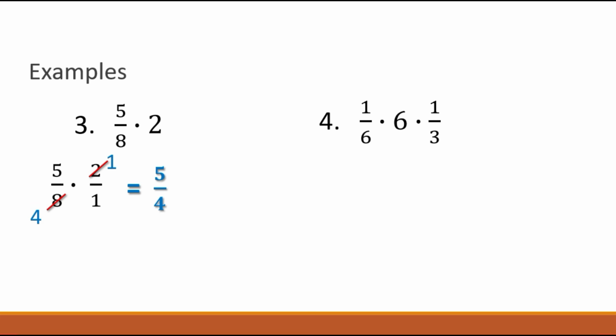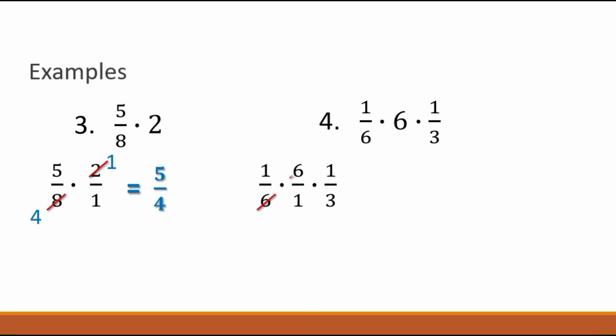Now let's have example number 4. We have 1 over 6 times 6 times 1/3. So 6 has a denominator 1. So we have 1 over 6 times 6 over 1 times 1/3. Look at these numbers. We have 6 and 6. We can cancel 6 as their common factor.